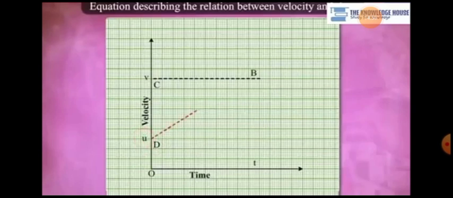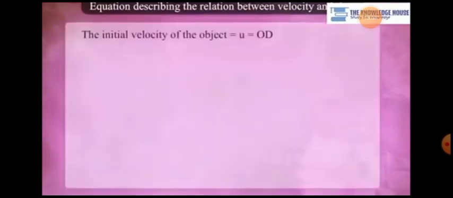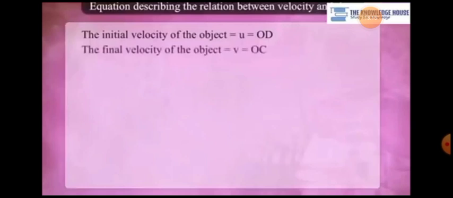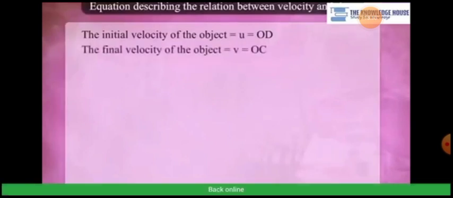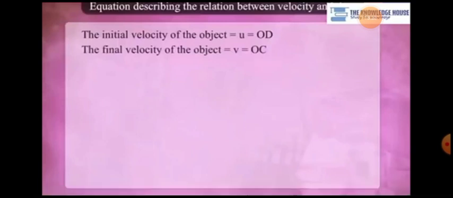Its velocity keeps increasing, and after time t, it reaches the point B on the graph. The initial velocity of the object u is equal to OD. The final velocity of the object v is equal to OC. Time t is equal to OE.